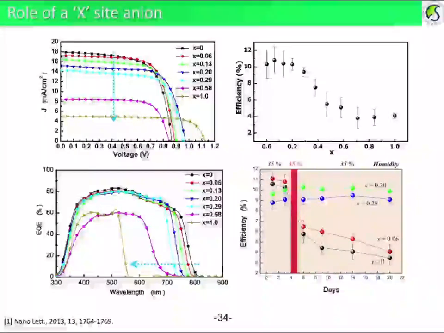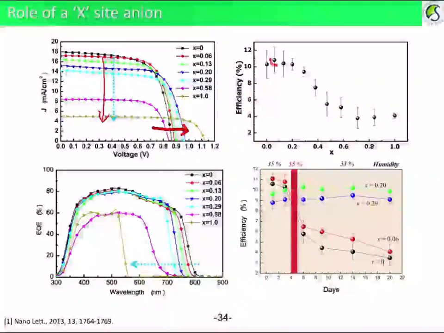And you can see that as the band gap increases, the device shows a decrease in short circuit current and an increase in open circuit voltage. And as a result, there is some trade-off as we increase the bromide content.